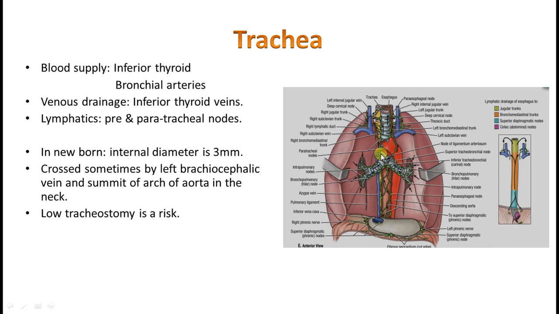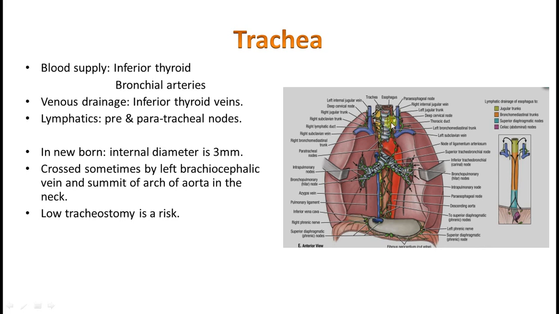So the arch of aorta and the left brachiocephalic vein also might be at a higher level. So in children it is very risky to do low tracheostomy. In adults we prefer low tracheostomy so that we don't disturb the thyroid gland, the isthmus of thyroid gland. So we go a bit lower.